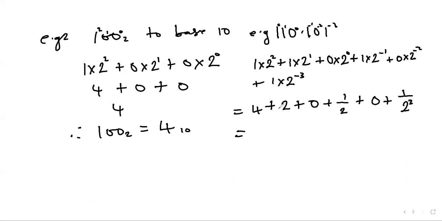This is equal to 4 plus 2, 6. 0 the same, 0 the same, plus what? 1 over 2 plus 1 over 2 raised to the power of 3. 6 plus 1 over 2 is 0.5. 1 over 2 raised to the power of 3 is the same thing as 1 over 8. And 1 over 8 is 0.125.